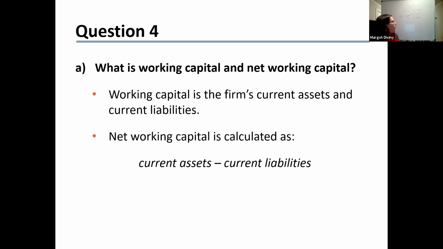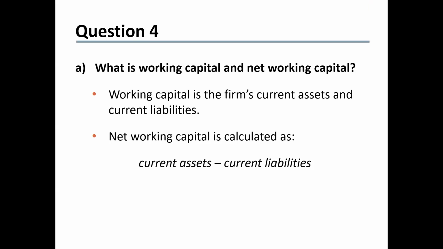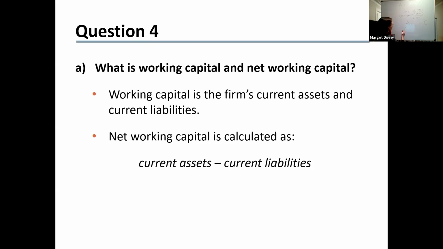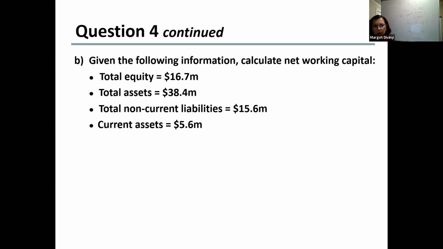All right. And then the next question just asks us to work through this. So if you remember the relationship of assets equals liabilities plus equity, and assets can be current and non-current, and liabilities can be current and non-current. All right. If we give you a series of numbers, you should be able to work out the net working capital.